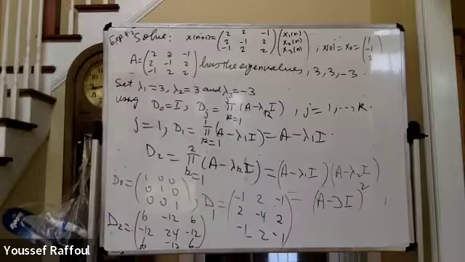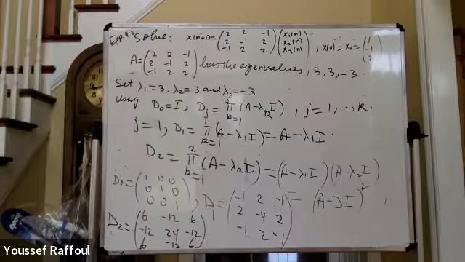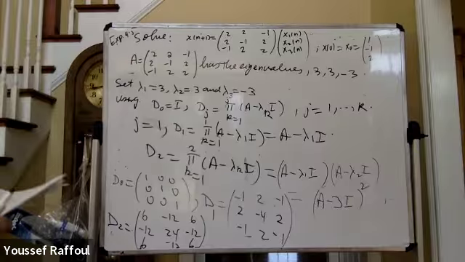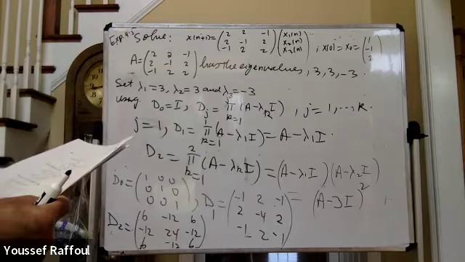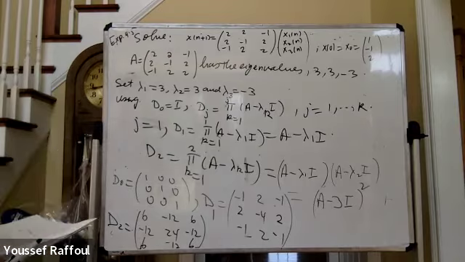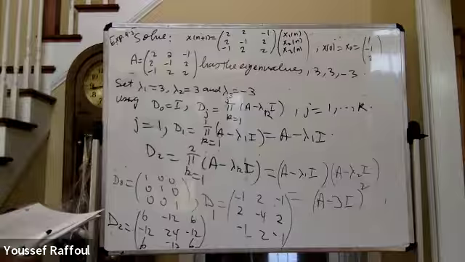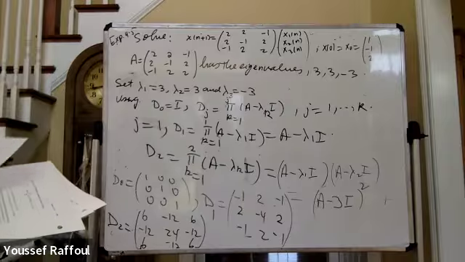So these are D0, D1, D2. Okay? So you compute those.